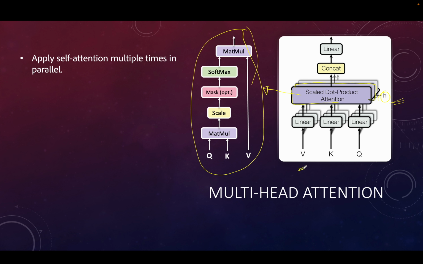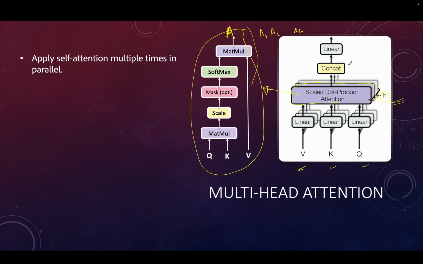Similarly, this V, K, Q are again multiplied H times, and they are stacked together. All of these things are stacked together, and whatever was the result A for a single attention, here we get H such attention results, A1, A2 all the way up to AH.